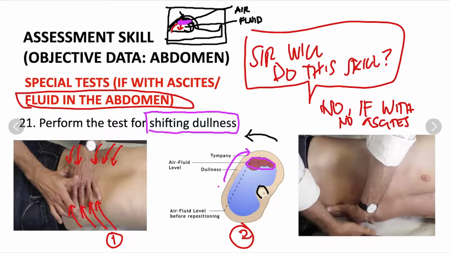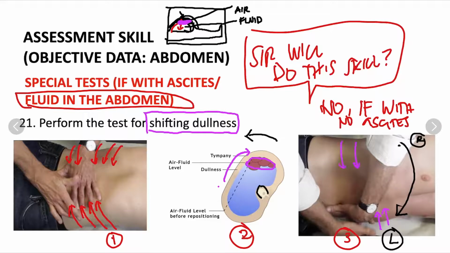Here in the illustration for number 3, this one is just performing the percussion technique. Now the patient is turned towards his left side. What the practitioner or the nurse is doing is trying to determine where the part of dullness starts and ends.